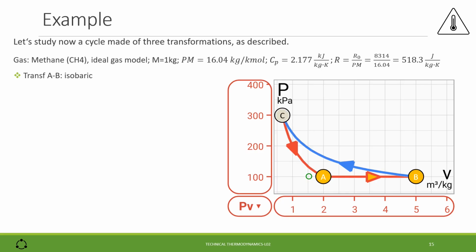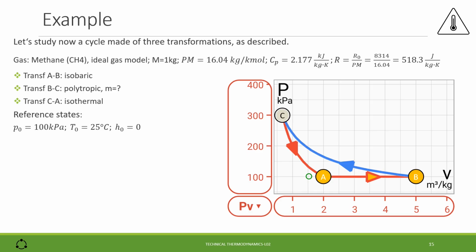The transformation AB is isobaric, the transformation BC is polytropic, the coefficient M is still not known, and the transformation CA is isothermal. The reference states are P0 100 kilopascal, T0 25 degrees, H0 is 0.